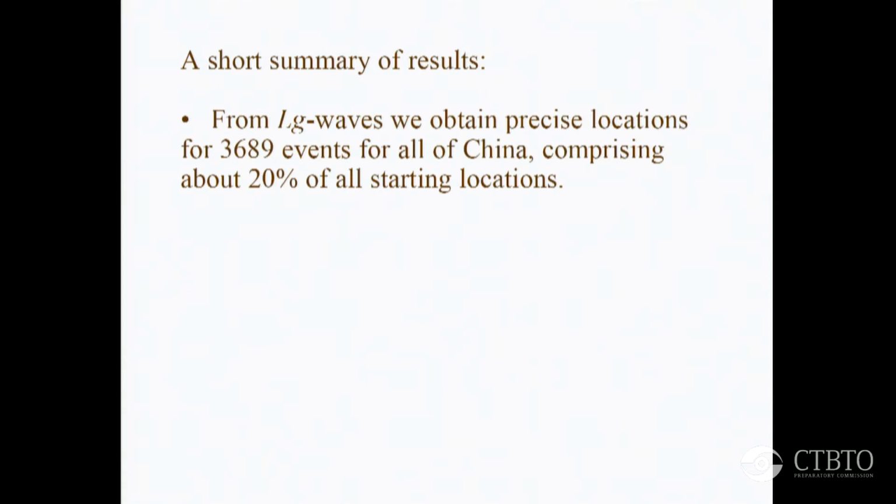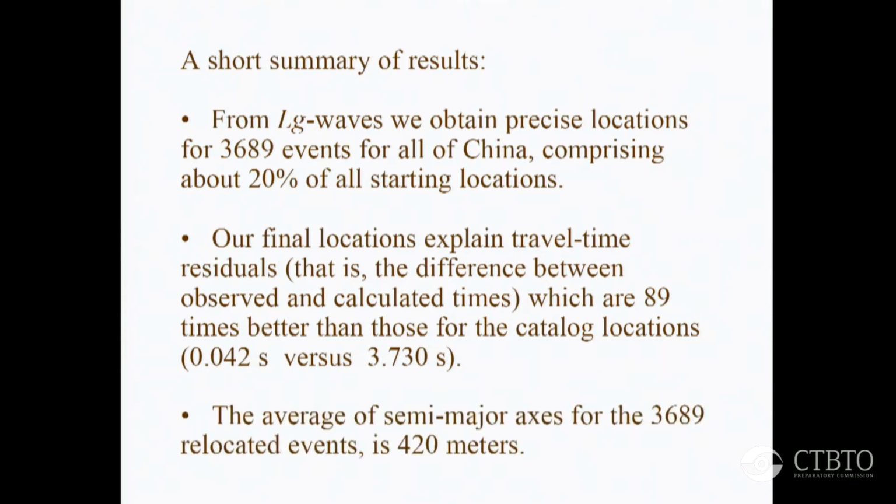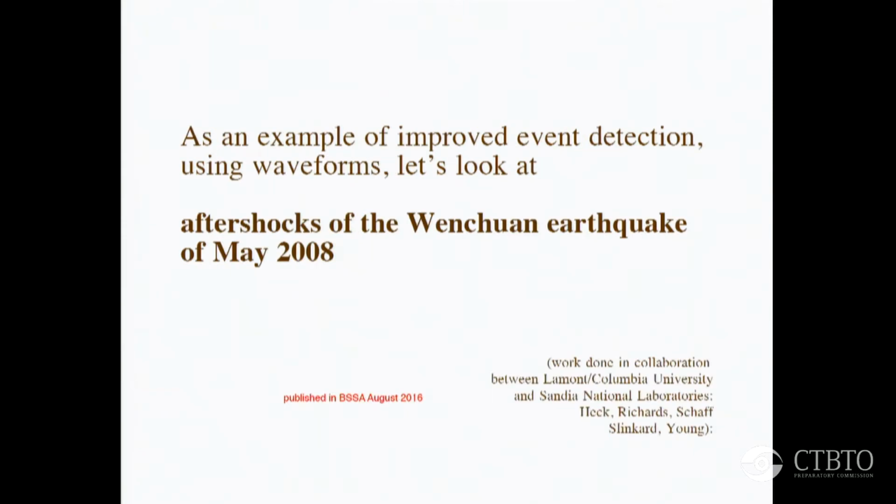Precise location for about 4,000 events for a 20-year period, which is about 20% of all starting locations, and a huge reduction in residuals. And the confidence interval puts this with some degree of confidence. These are locations, not absolute, but relative, at the scale of a few hundred meters. So that's cross-correlation in the context of event location.